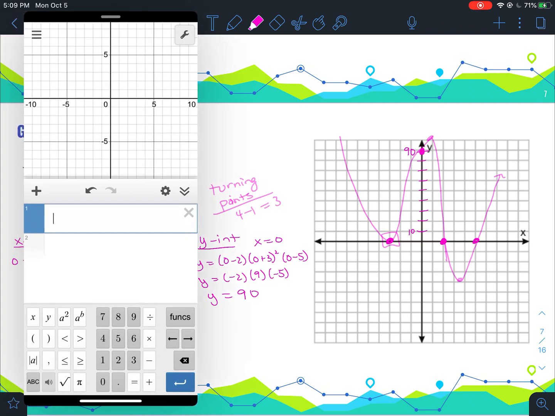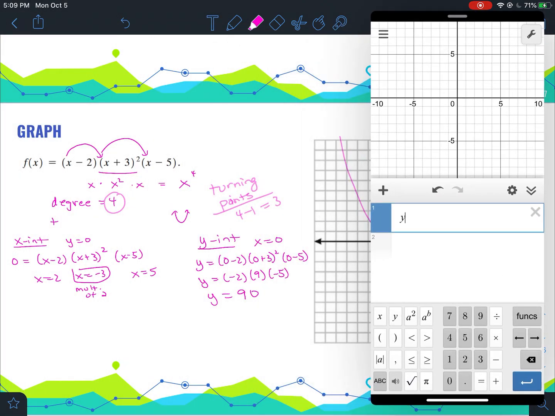So if I graph this, we have y equals x minus 2 times x plus 3 squared times x minus 5.